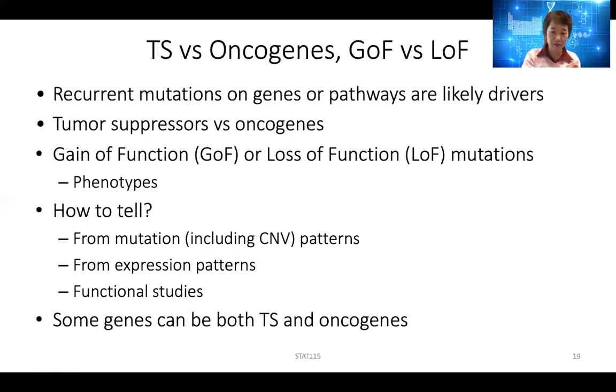You still need functional experiments to really figure out how this happened. But of course, some genes can be both tumor suppressors and oncogenes, which is more complicated, depending on the cancer type and exactly where the mutation happens on the gene. It could potentially have the opposite effect.